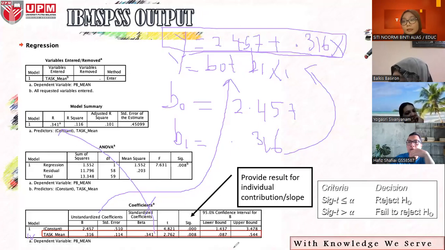We can say that 34.1% of variance in philanthropic behavior has been explained by task-oriented coping. Any question?